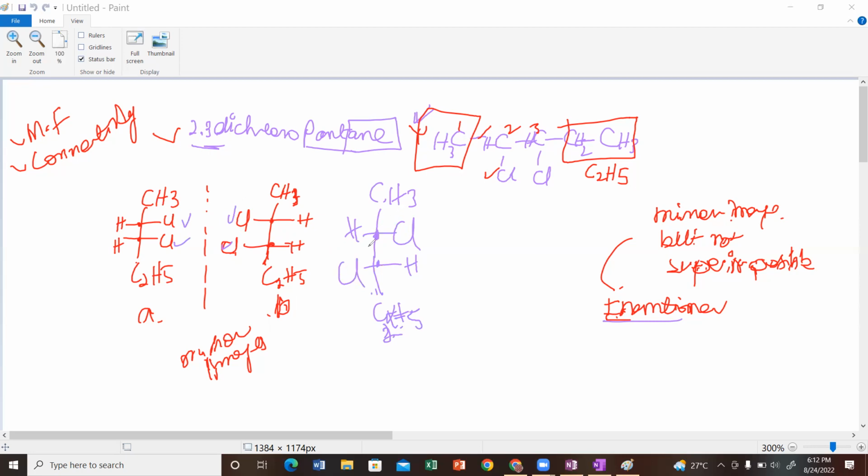So that is also with same molecular formula, same connectivity, but now consider structures B and C. I must say this one is structure B and this is C. These are not mirror images, right? The structures that are not mirror images of each other and not superimposable, but have same molecular formula and same connectivity order, are known as diastereomers.